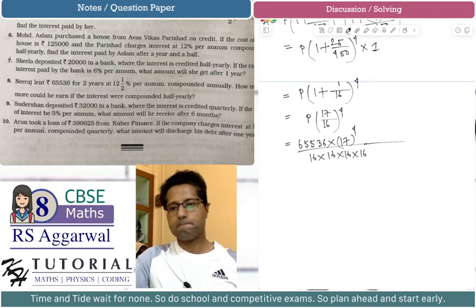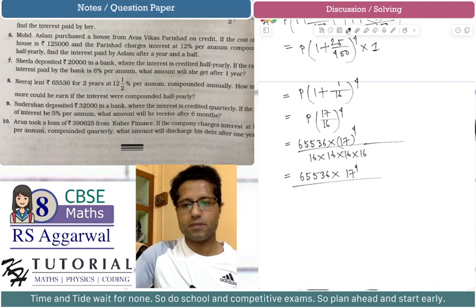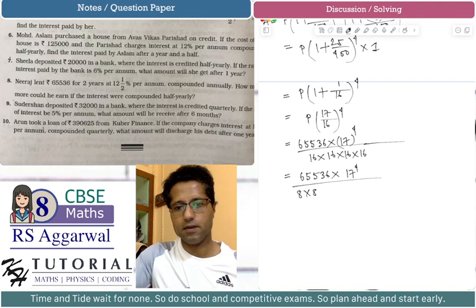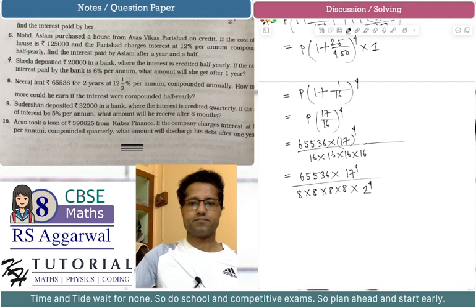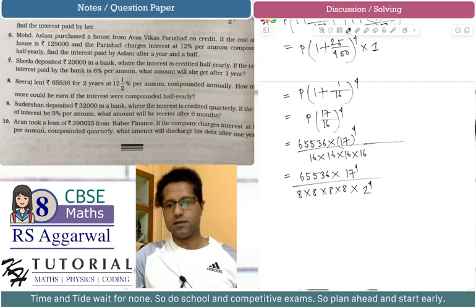So this is 65,536 multiplied by 17 to the power 4. The denominator can be written as 8 multiplied by 8 multiplied by 8 multiplied by 8 multiplied by 2 to the power 4, if you factorize 16 as 8 into 2.